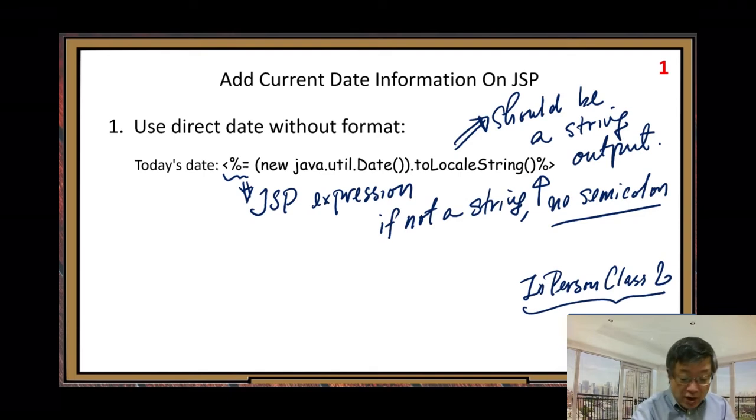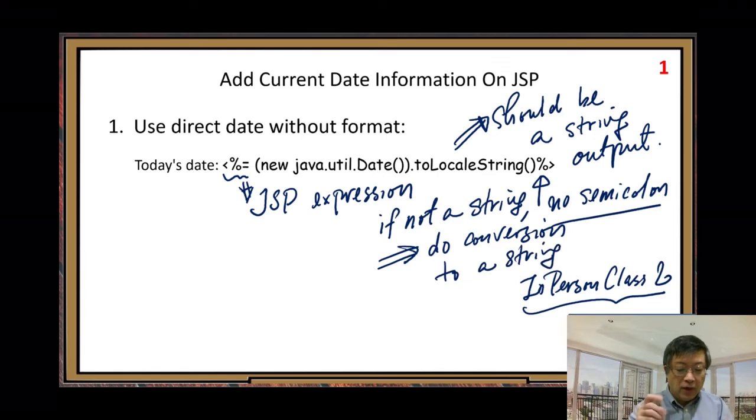If it's not a string, do conversion to a string. Auto conversion. You do not need to do it by yourself. Java will do it automatically. So this step is auto.